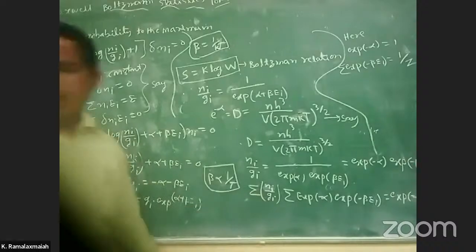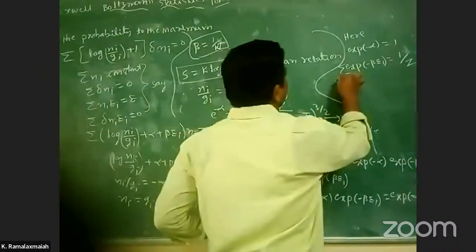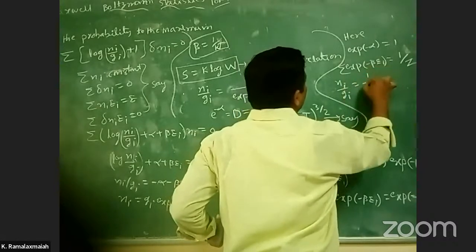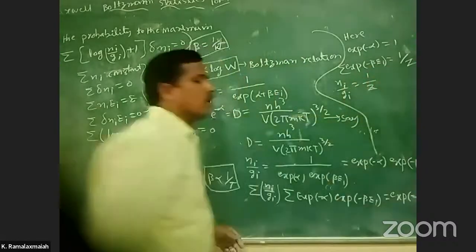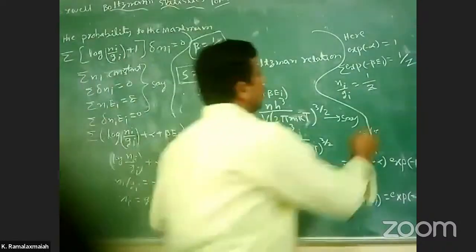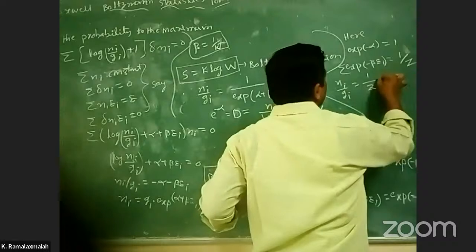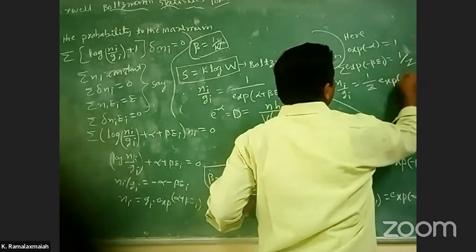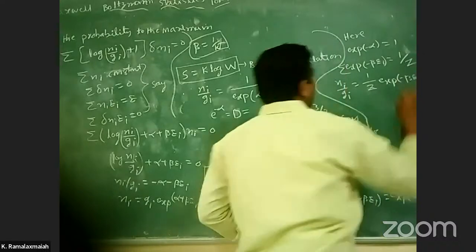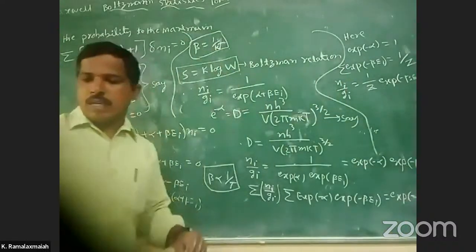So here, finally, ni by gi is equal to 1 by Z exponential of minus beta Ei.